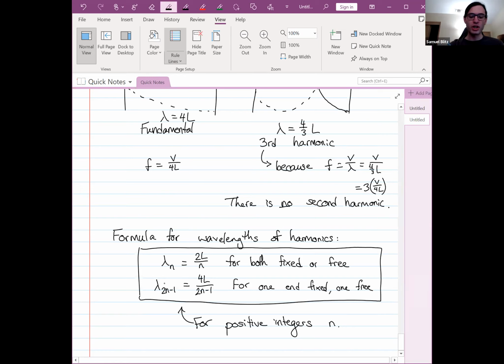But then I need to plug in some integer n, and there is no positive integer such that if you multiply by 2 and subtract 1, you get 2. So there is no second harmonic for one end free and one end fixed. However, if you want the third harmonic, you replace 2n minus 1 with 3, that is when n equals 2. And so the wavelength of your third harmonic is 4L over 3.